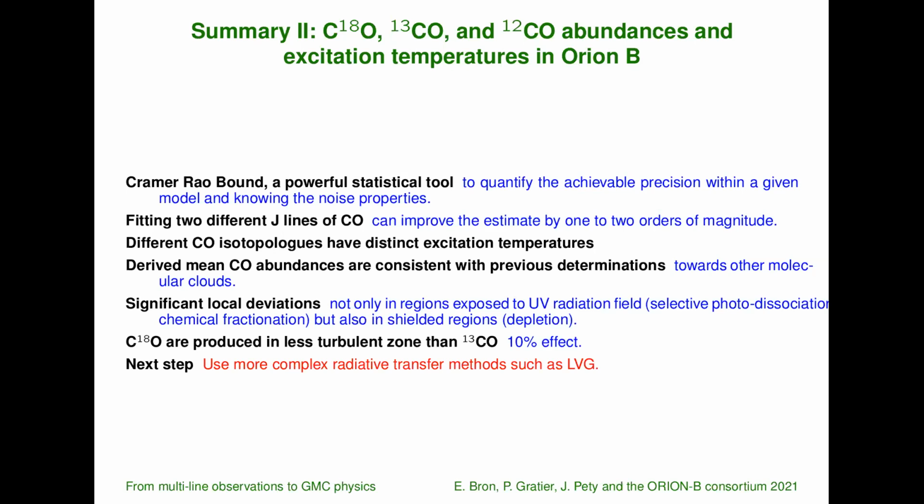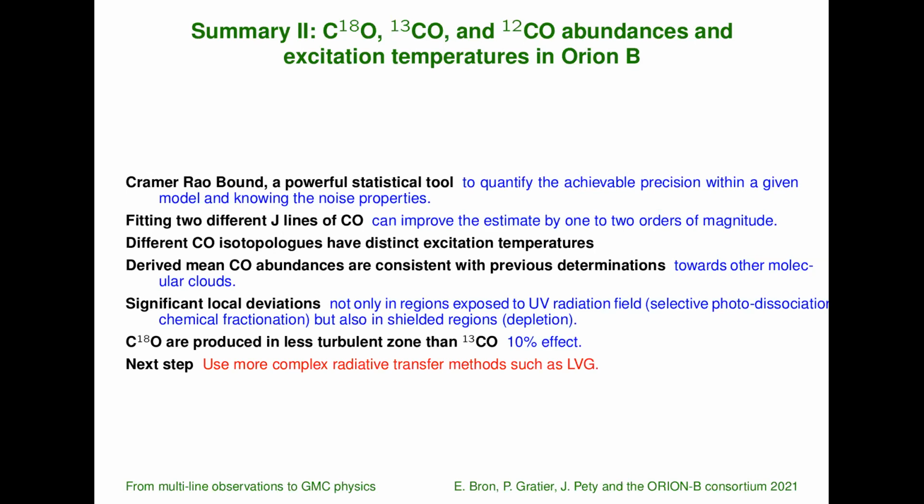We find things that are consistent with the previous determinations, but there are significant local deviations compared to those mean values, not only in exposed UV radiation field, but also in UV shielded regions. One result that I didn't show is that we also measured the velocity dispersion, and we see that C18O is produced in less turbulent regions than 13CO.